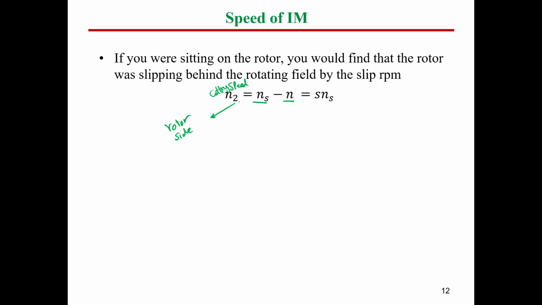So we can say that ns minus n equals slip times ns, because we just said s equals ns minus n divided by ns, and n is the rotor speed. So this is called, guys, the cutting speed. And the cutting speed is the difference between the synchronous speed and the rotor speed.